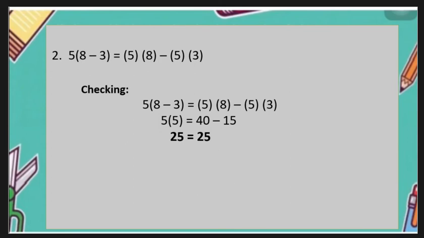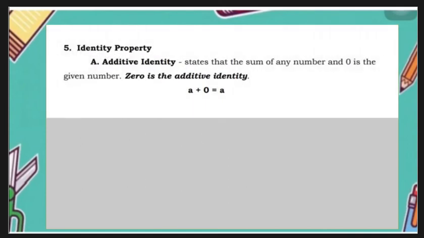Okay, so number 5, or the fifth property, kinds of property. We have the identity property. So for identity, we have first the additive identity. When we talk about additive identity, it states that the sum of any number and 0 is the given number, meaning 0 is the additive identity.